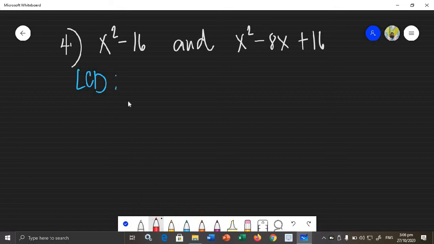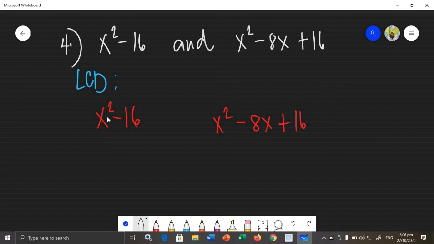So first, again, we will use factoring. X squared minus 16 and then x squared minus 8x plus 16. We will factor these two. In the first given, as you can see, we can factor this using the lesson in difference of two squares kasi pasok yung given.